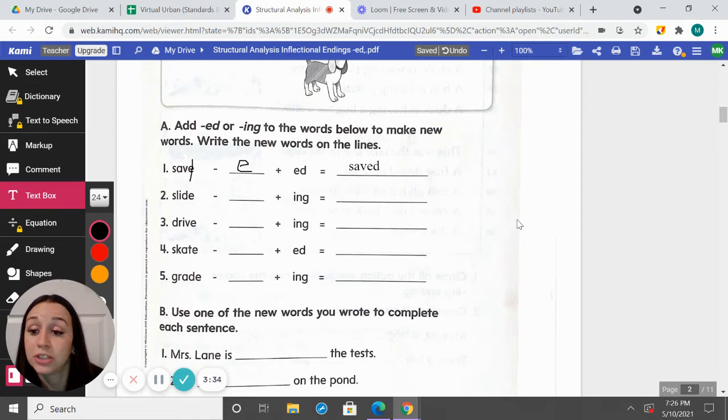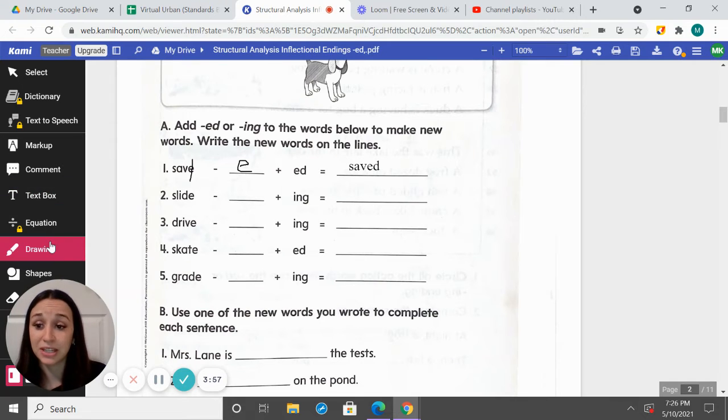All right, so I want you to watch as I do number 2 now. So I have slide. That's our root word, slide. And we're adding ing. So that means right now, she is sliding. He is sliding. So we're talking about currently, right now. So we have S-L-I-D-E, and then ing. Well, slide has our silent E, right? So that means it needs to go.